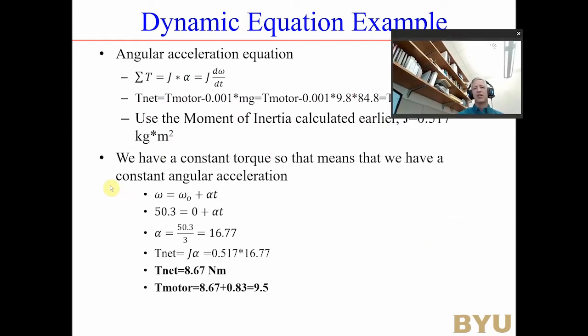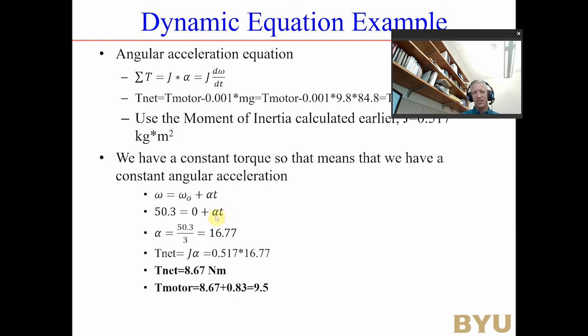Okay, so now we're going to go to our torque equation up here. We're trying to figure out what we want the acceleration to be, because if I have the acceleration, then I can get the net torque. So I'm trying to get up to a speed of 50.3 radians per second, which is equal to my acceleration times my time.